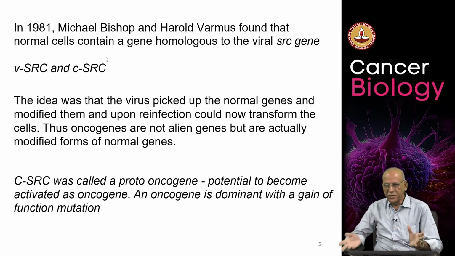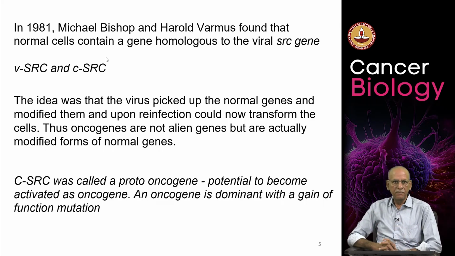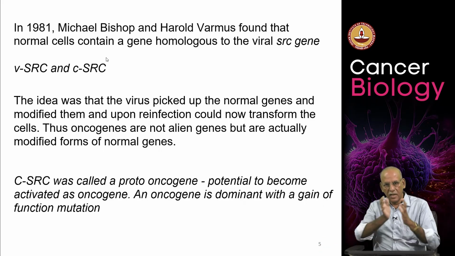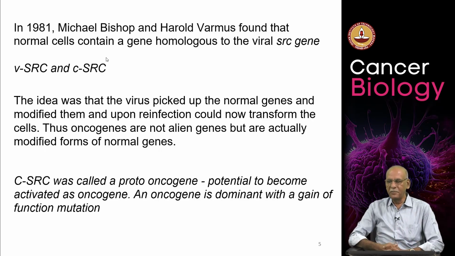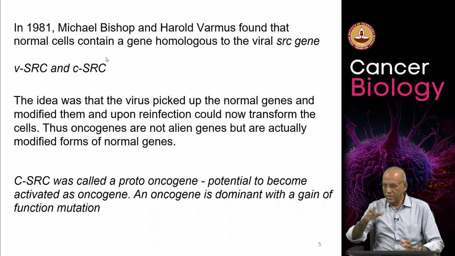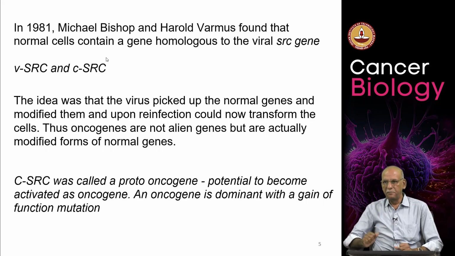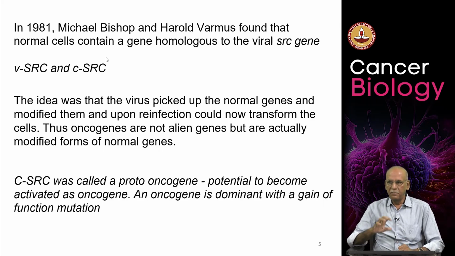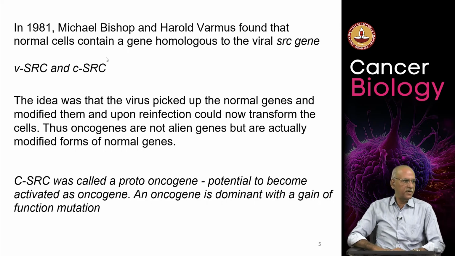So, to distinguish the cellular origin as opposed to the viral origin, what happens is, the viruses invade the animal cells, and then they pick up certain genes, tinker with them and then make them into oncogenes. Many of the oncogenes were discovered like that.